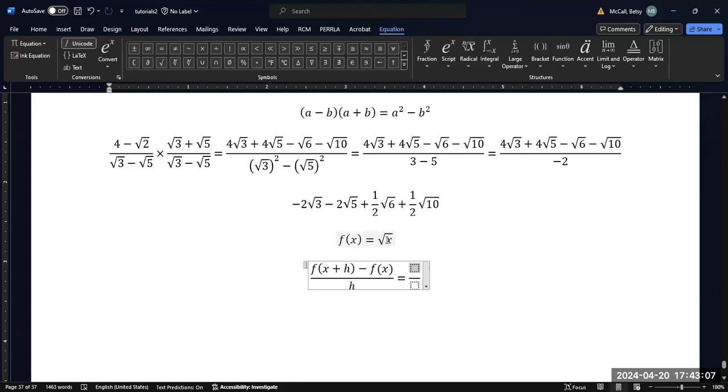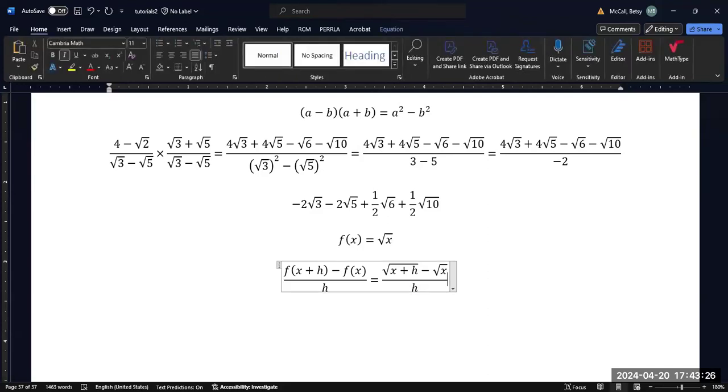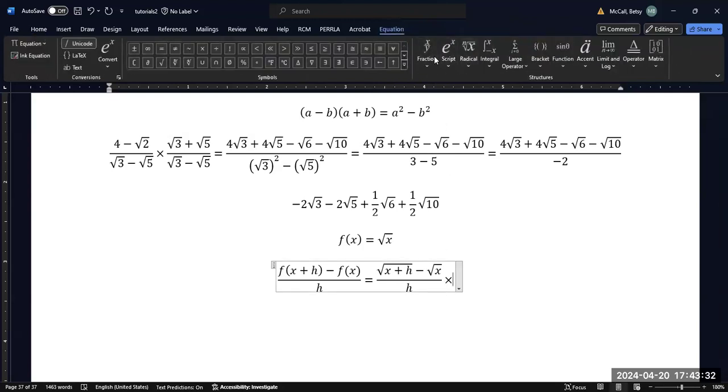So if I substitute my function notation here, I'm going to get the square root of x plus h minus the square root of x all over h. And I'd really like to simplify this. And it turns out the way that I can do that is by multiplying by the complement of the numerator.